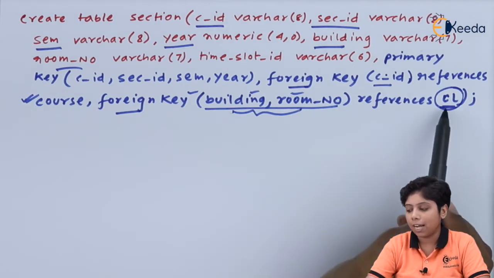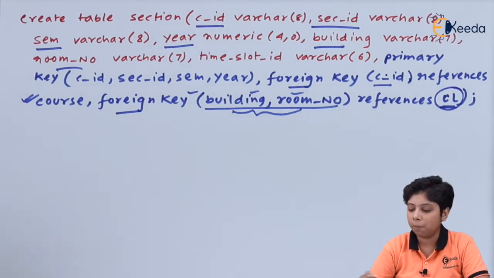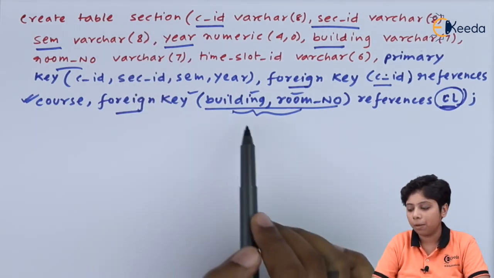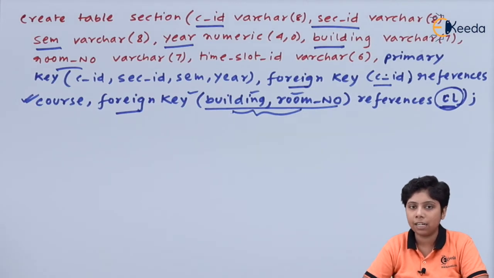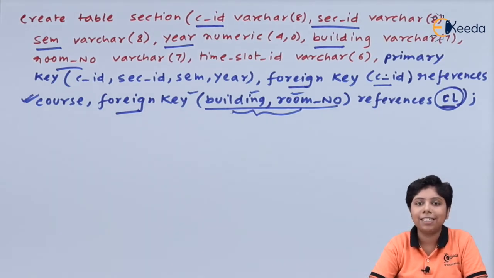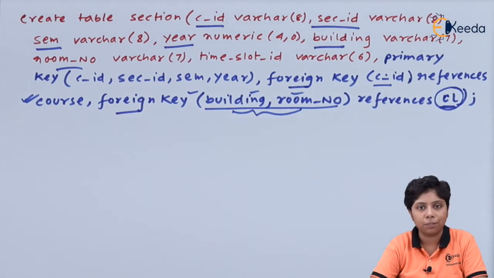So if the classroom has the primary key building and room number, we cannot delete any tuple from the section relation, building and room number, until that condition has been satisfied with the classroom, and the deletion will be rejected because of the constraint violation.